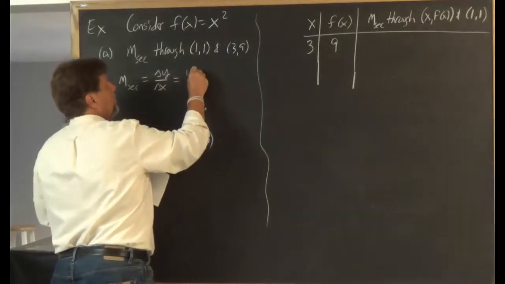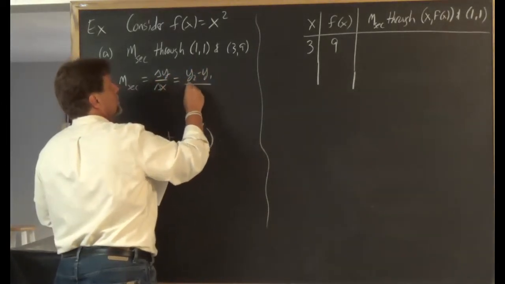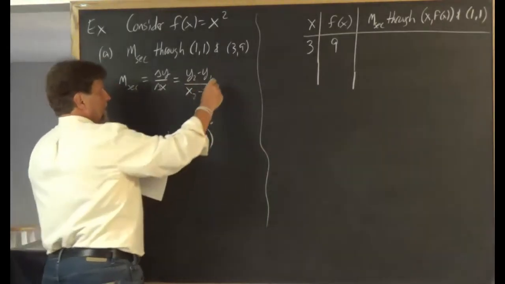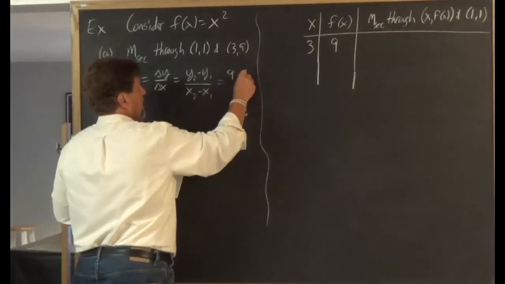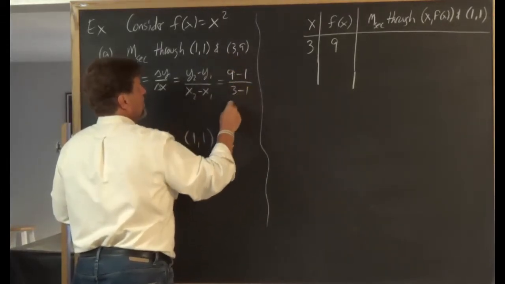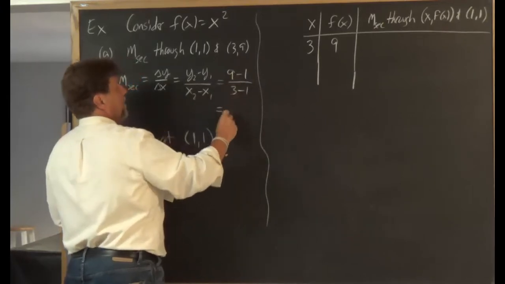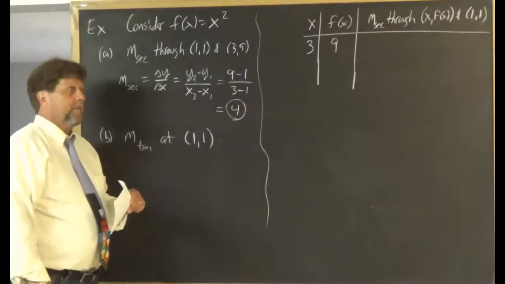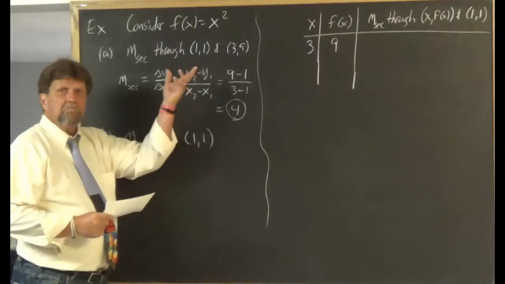You know the slope formula, y sub 2 minus y sub 1 over x sub 2 minus x sub 1. So it's 9 minus 1 over 3 minus 1. So that's 8 over 2, which is 4.